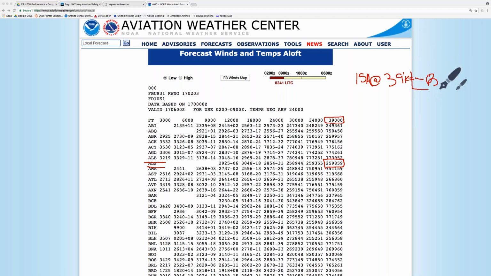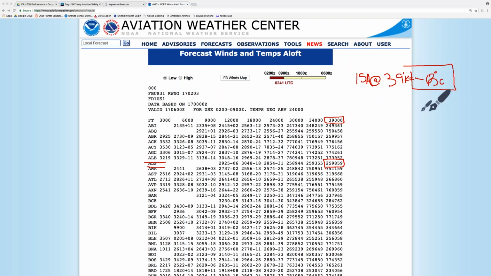So standard temperature at 39,000 feet is -63 degrees C. Once again, if we use our adiabatic lapse rate of 2 degrees per 1,000 feet, this is what we get: -63 degrees.